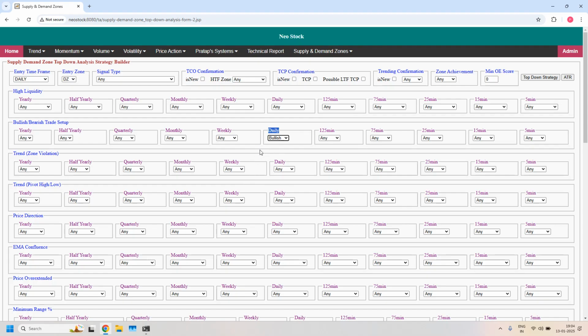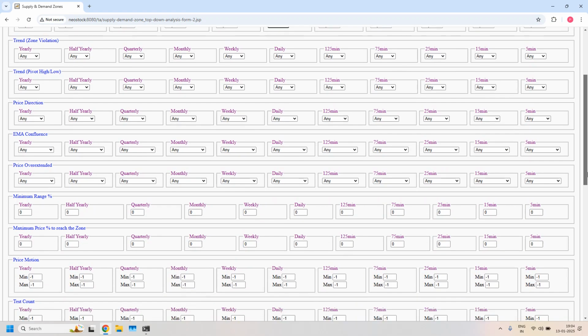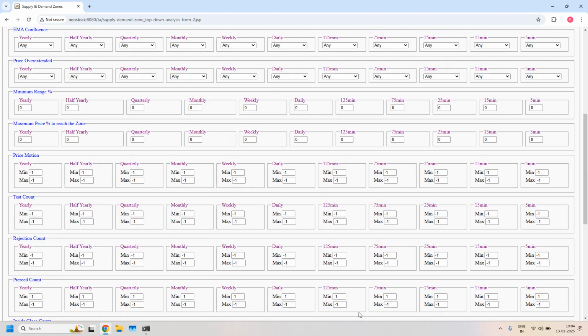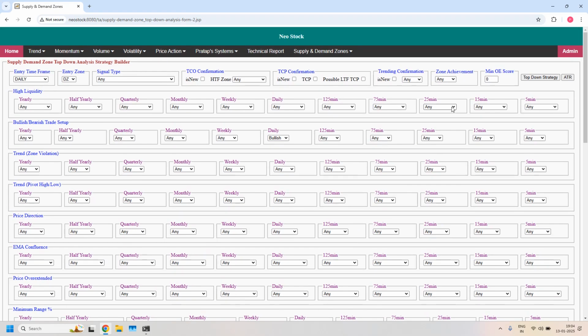And these daily demand zones should not be pierced. So in the pierced count, at daily time frame, I am setting minimum value 0, maximum value 0. Zone achievement violated opposing zone, minimum odd enhancer score 12.